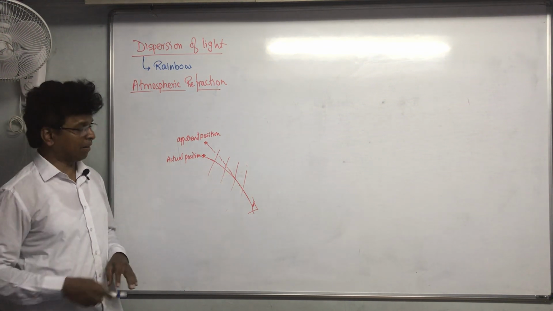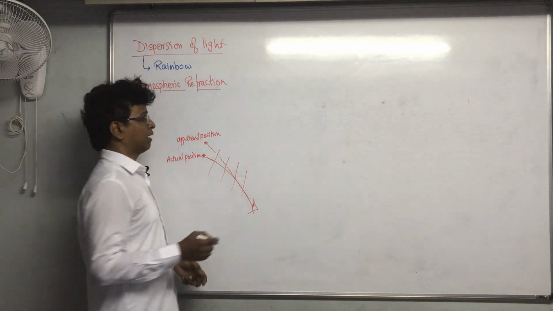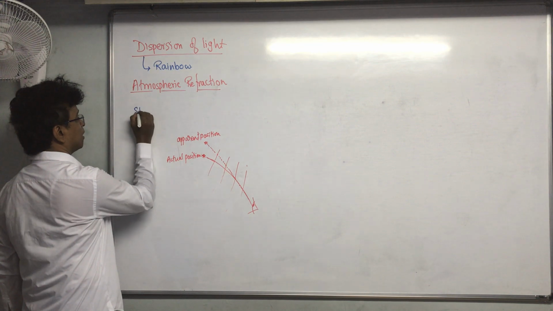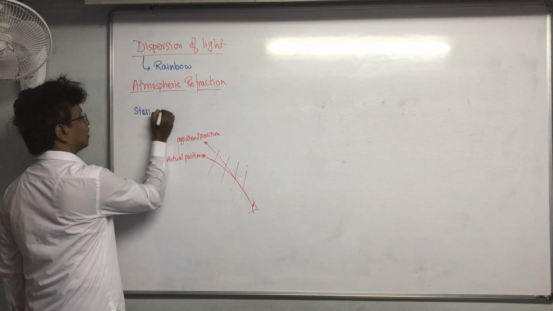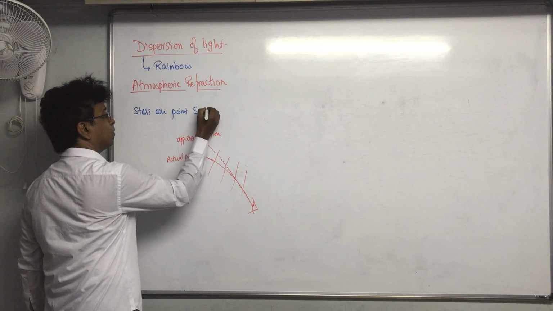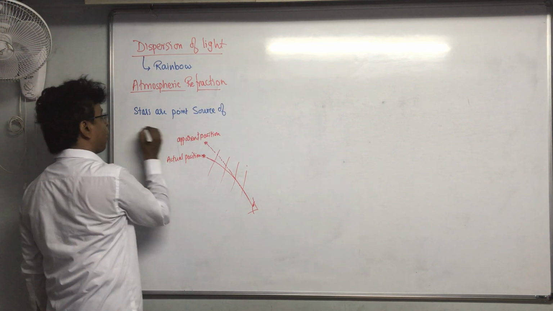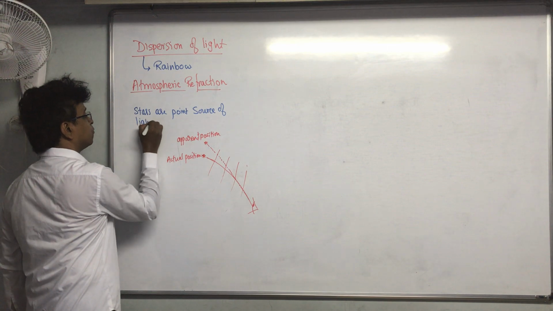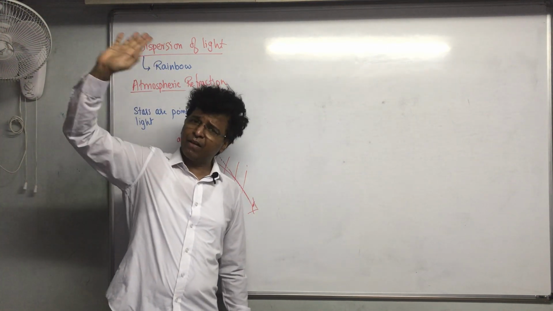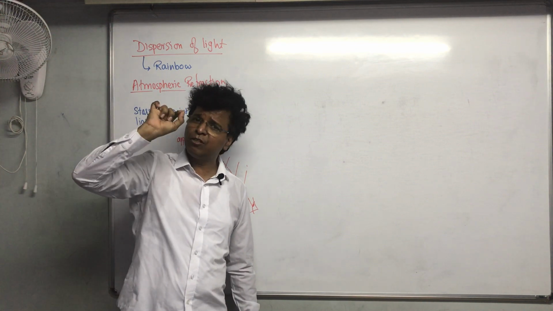One more important thing, my dear students, this is very important and you have to understand this. See, stars are point sources of light, because they are very, very far from the earth, and that's why they become a point source of light.